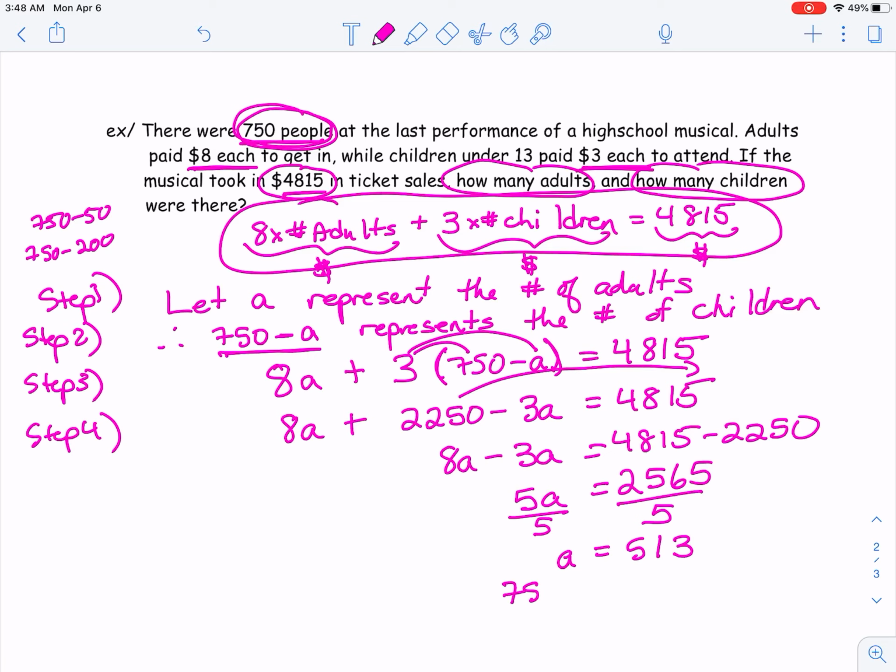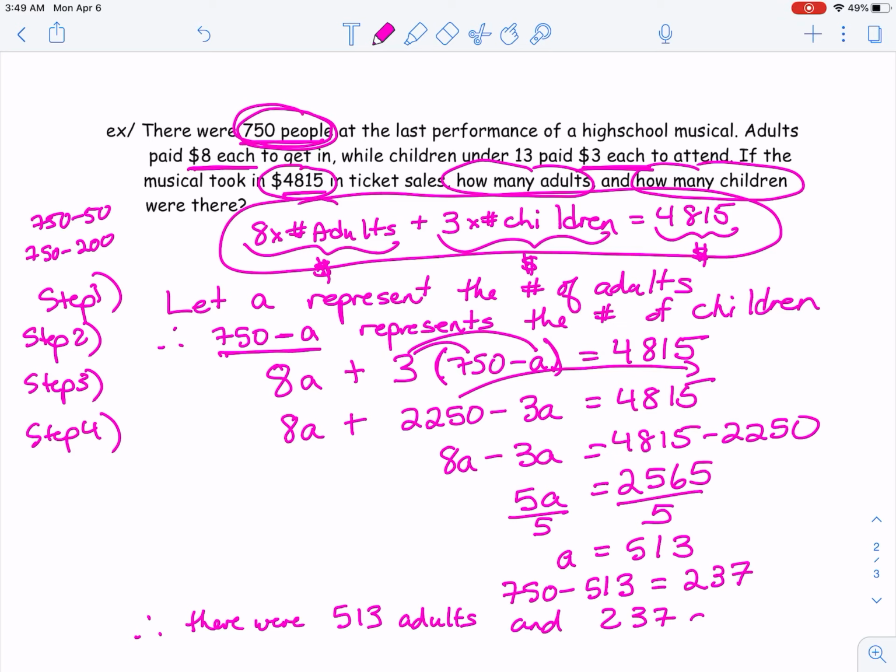So 750 minus 513 is 237. So therefore, there were 513 adults and 237 children.